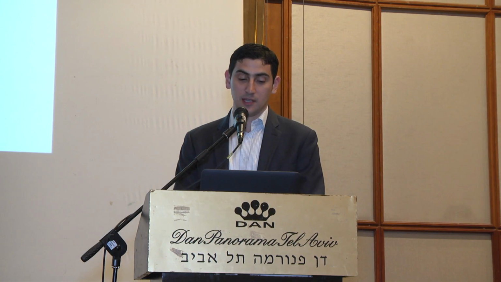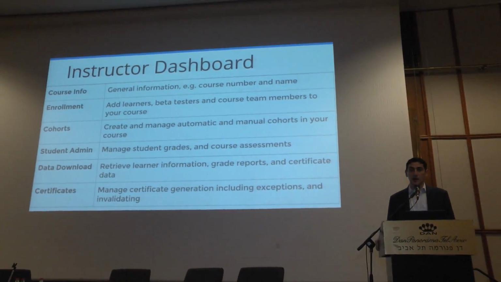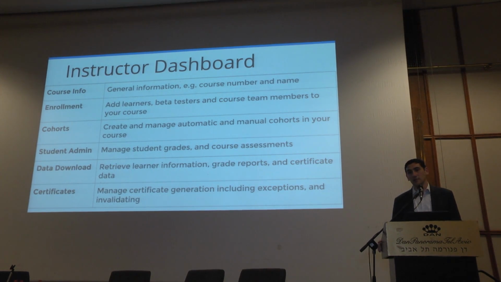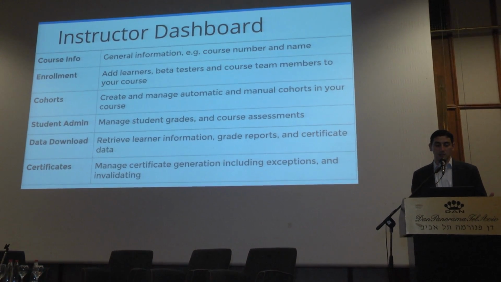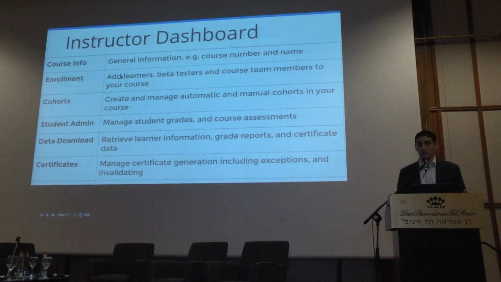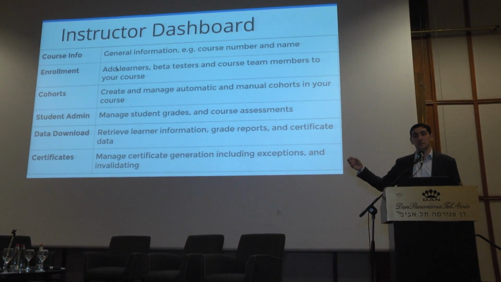Sorry, I'm skipping through some of these slides quickly because I'll show you a little bit of demo. Within the LMS, the learning management system, when you are an instructor for a course, you have a number of options where you can make little adjustments throughout the course. Note that this isn't Studio. These aren't content adjustments, but rather other things that you can edit. This includes enrolling more people in the course. If you had a list of email addresses of people you want to manually enroll, you can do that through the course.